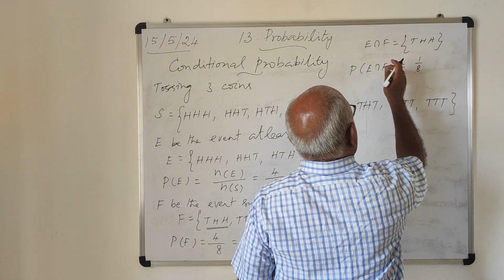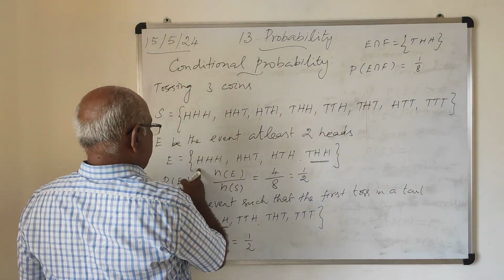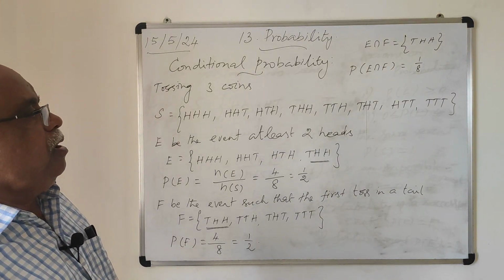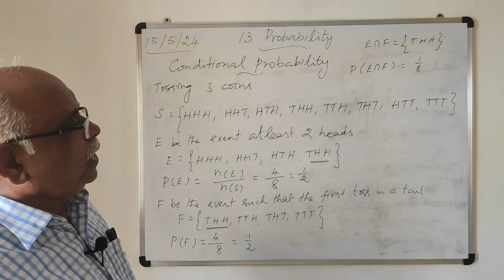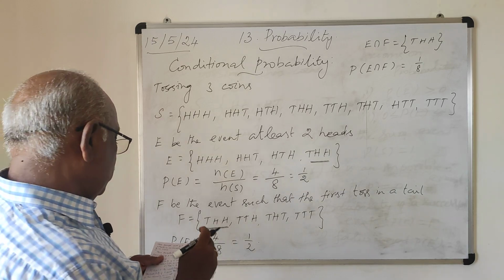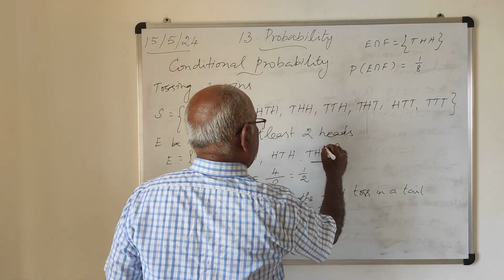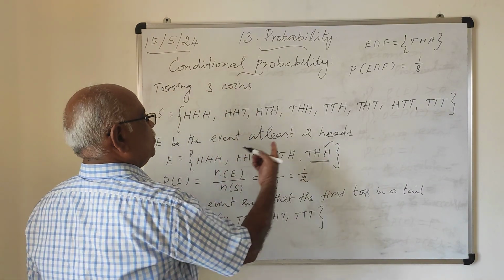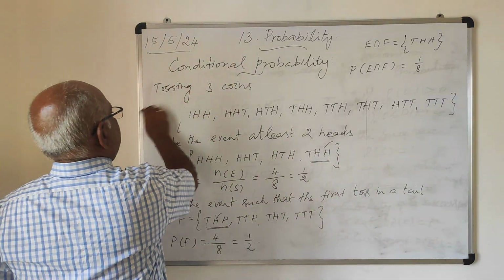P of E intersection F is 1 by 8 because E and F have one common event, THH. The sample point of F which is favorable to the event E is THH. So that's our idea. Next idea.